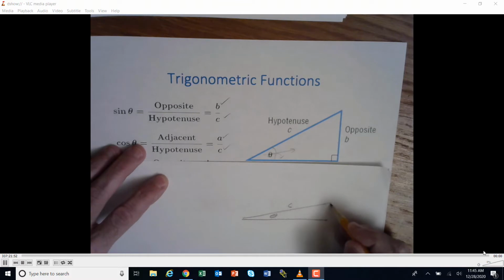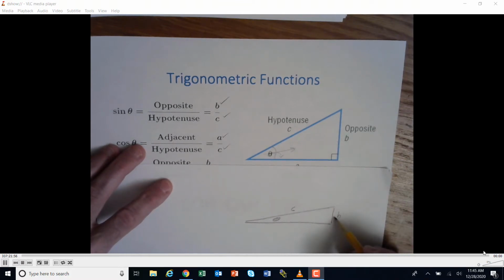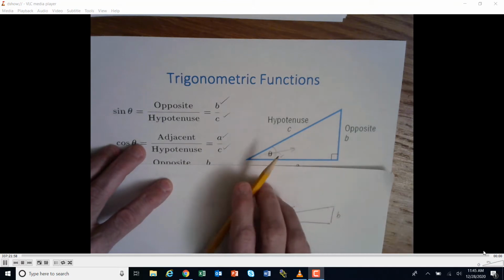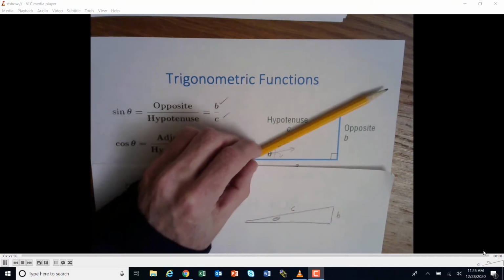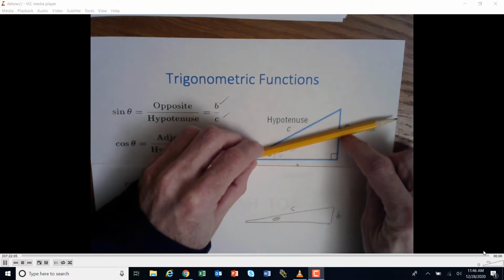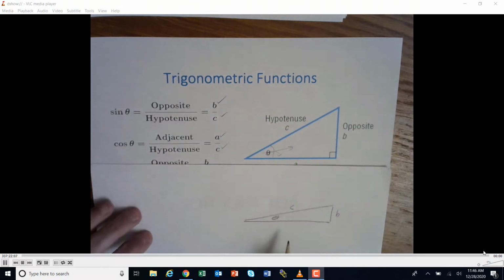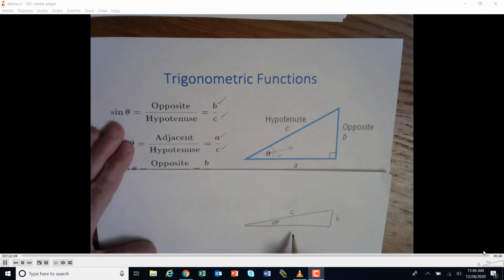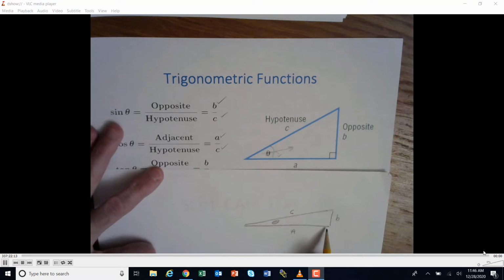It looks like the opposite side over here got shorter, okay? Because this angle gets less, this length right here is going to get shorter. And as a matter of fact, the length here on the bottom, A, well that's going to get longer, okay?